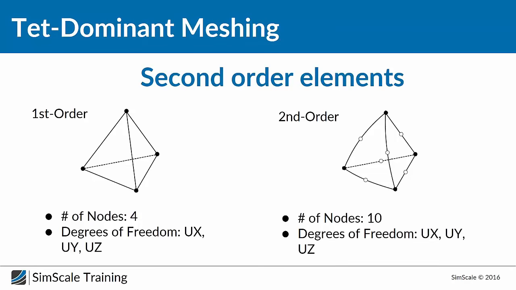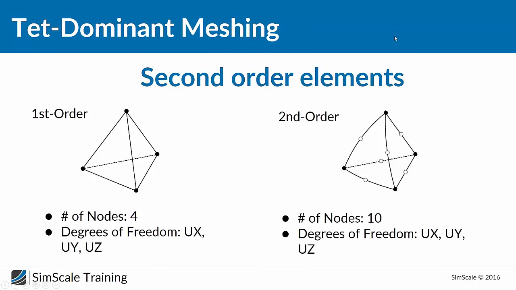Both of them are tetrahedral elements. The first order elements, which are chosen by default, have only 4 nodes. So we have a node in every corner of the tetrahedron, and therefore we have degrees of freedom in X, Y, and Z. A second order element comes with additional support nodes at the middle of the edges connecting the sides of the tetrahedron. So instead of 4, we have 10 nodes.